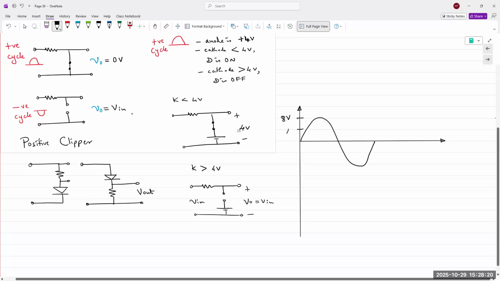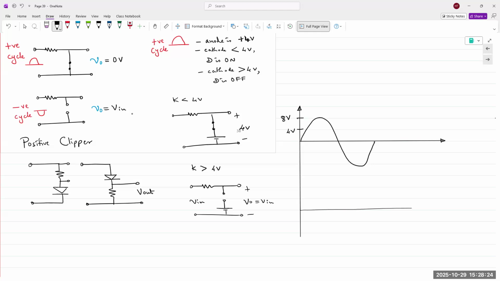So this is 4. So draw the output. I want everyone to try this. What do you think would be the output? Just for the positive half cycle. We'll talk about the negative later on, but just look at the positive cycle.